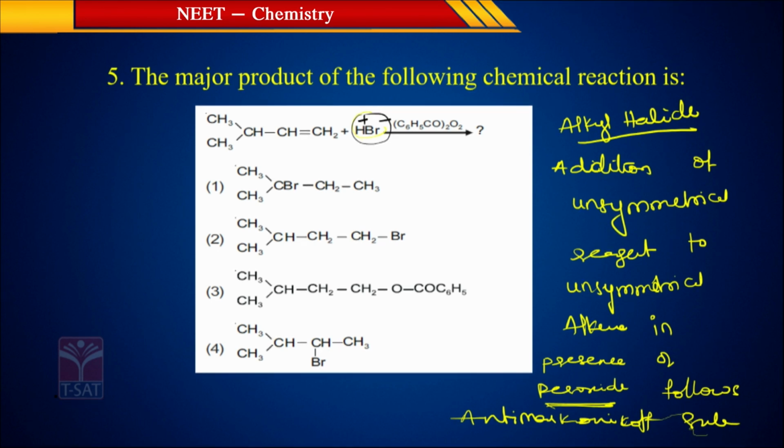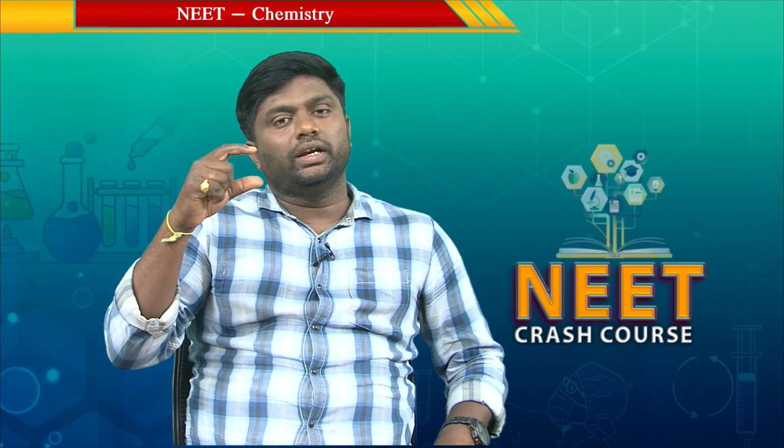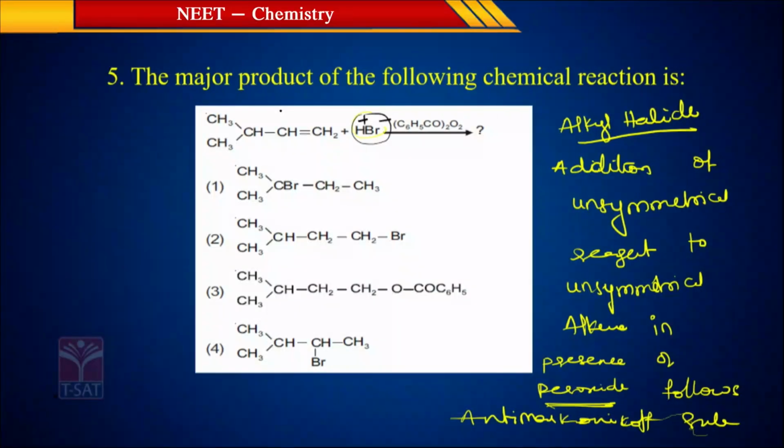According to the anti-Markovnikov rule, the negative part of the reagent is added to the carbon having more number of hydrogens, not less. In this compound the double bond between CH and CH2 is broken.